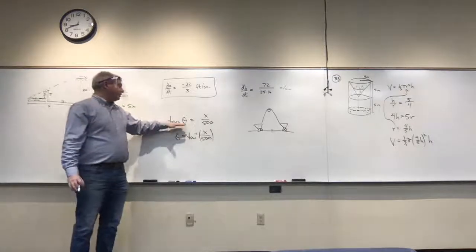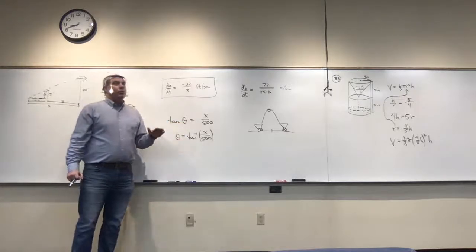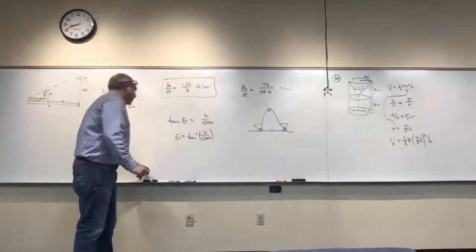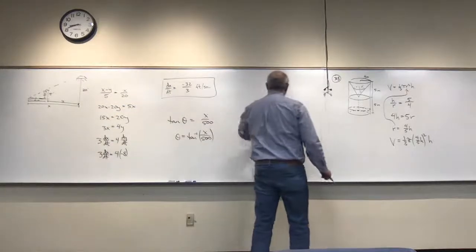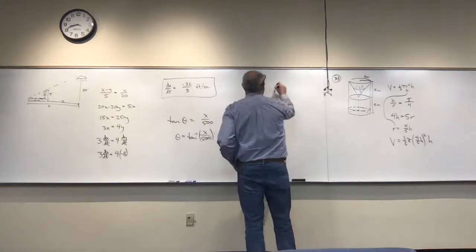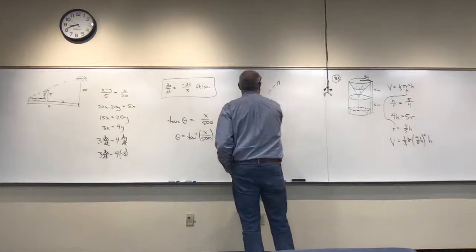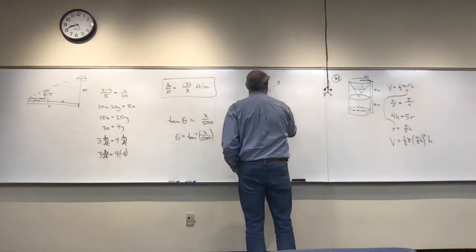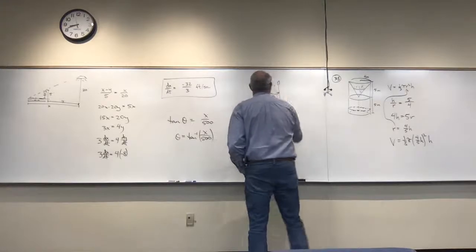If I do take the derivative here and I get secant of theta, what I can do is use the triangle that's formed by the lighthouse and the shore. In this problem, there's the lighthouse up here, and it's shining a light. There's a point here, there's a point here. This is an angle, we're calling it theta.